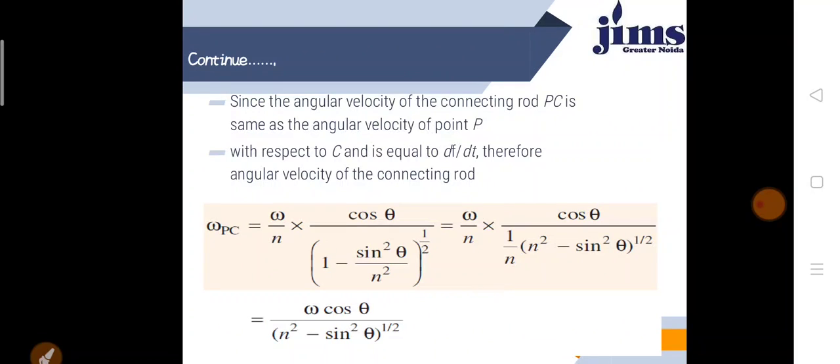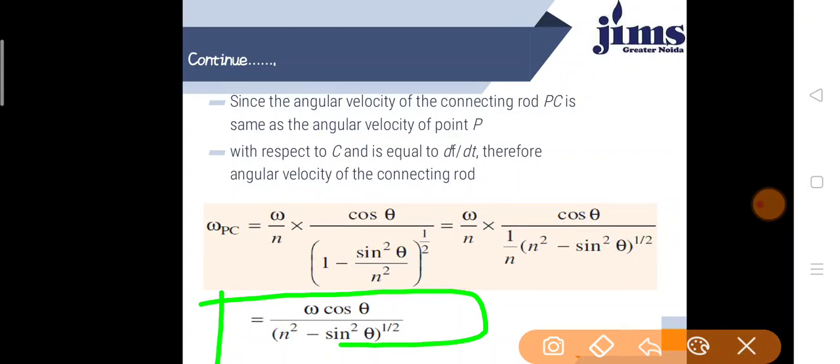When we simplify this equation, we get omega upon n multiplied by cos theta upon (1 upon n square minus sin square theta) whole power 1 by 2. So I hope you understand how we get the angular velocity for the connecting rod.